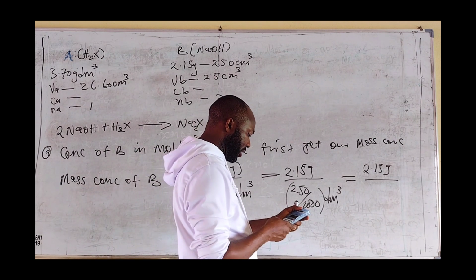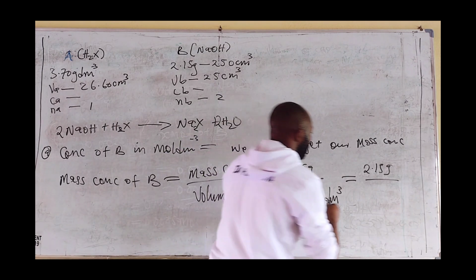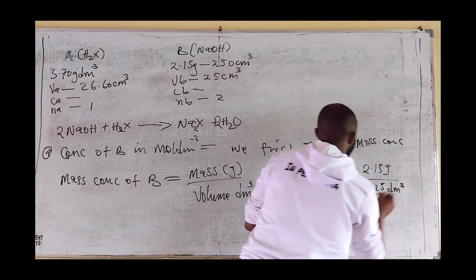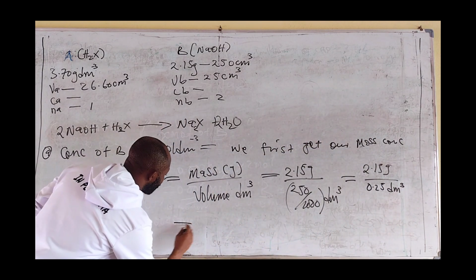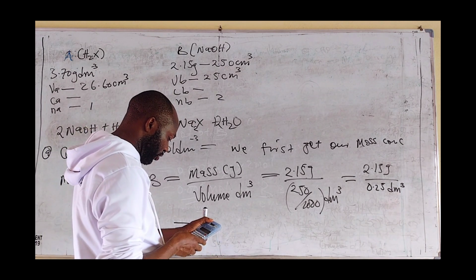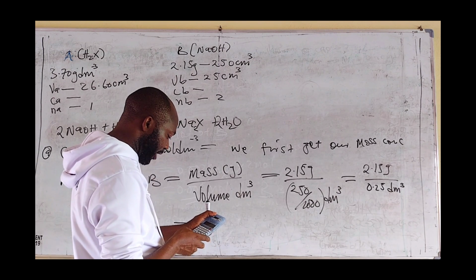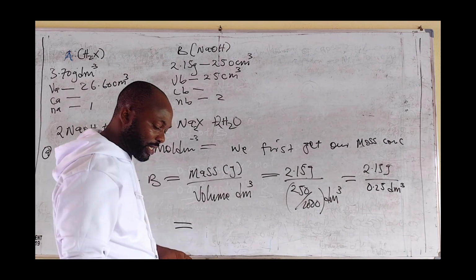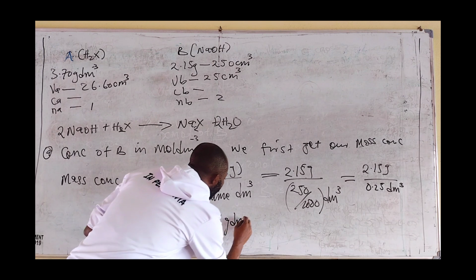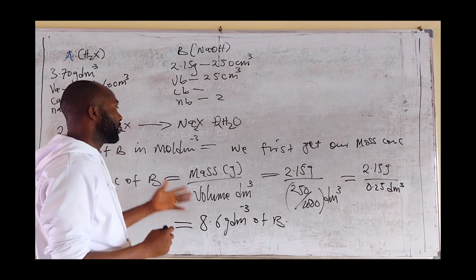Now 250 divided by 1000, we got 0.25. So this is 0.25 dm³. Therefore, 2.15 divided by 0.25 will give us 8.6. So this is 8.6 g/dm³ of B. So we've gotten the mass concentration of the base.